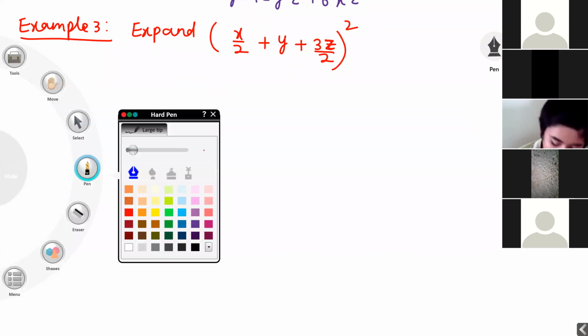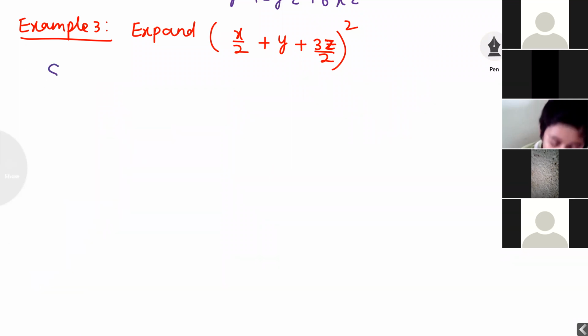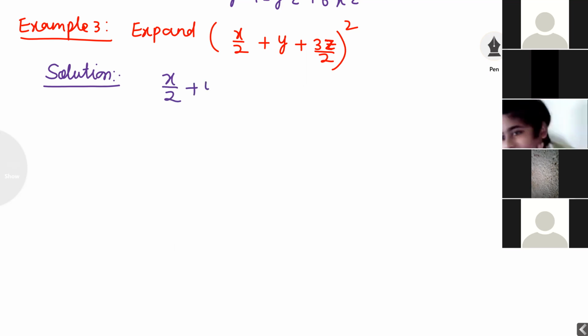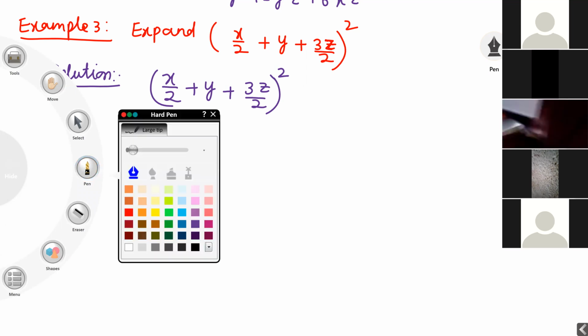Start solving everyone along with me. Solution. Firstly, I will write question. X by 2 plus y plus 3z by 2 whole square. Now it is looking like a plus b plus c whole square.